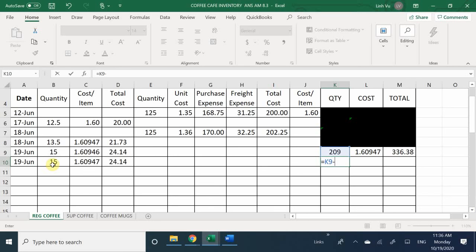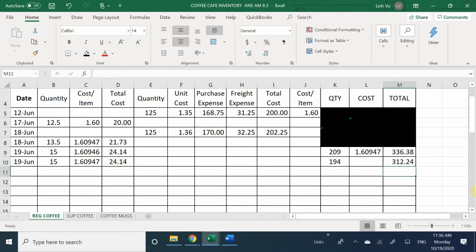So we started with 209. Now we got rid of 15. So what is our total amount that we should have? 194. All right. And what is our total amount going to be? 312.24. And what is my cost per item going to be? 1.60948.